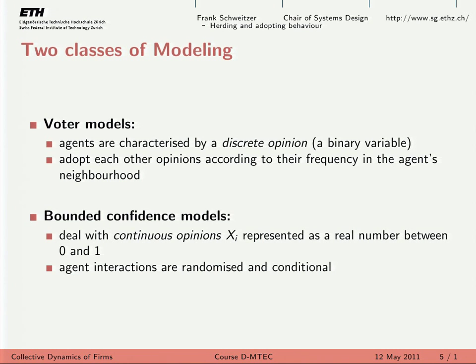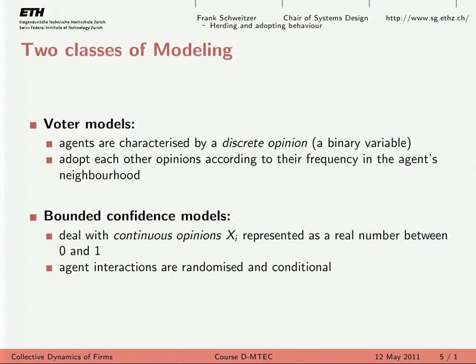A voter model is a very simple model. You assume that an agent is characterized by one of two states, 0 or 1. This can stand for anything, right? Let's assume it's an opinion or something. And then this agent can adopt this state according to the number of other agents in the neighborhood that have the same or a different opinion or state, right?